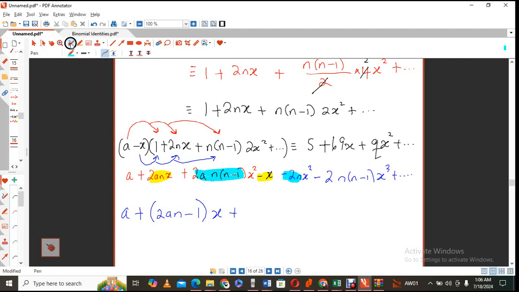So we're going to have plus 2an(n minus 1), follow. Now there is a little minus 2n here as well. So 2an(n minus 1), just to make 100% sure, minus 1.